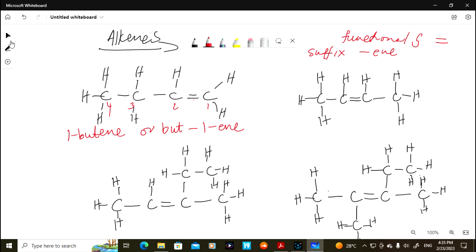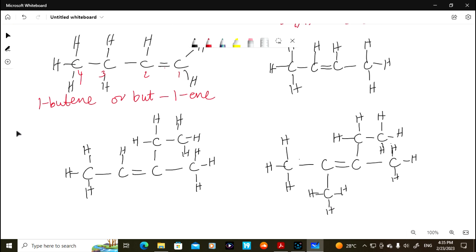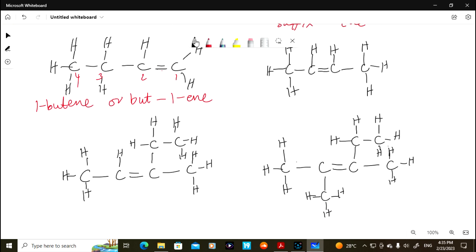Okay, what about the second structure? If you can check here, the only thing that we have moved is the position of the double bond, right? So we still have 4 carbons. If I count from left to right and from right to left, it is the same.